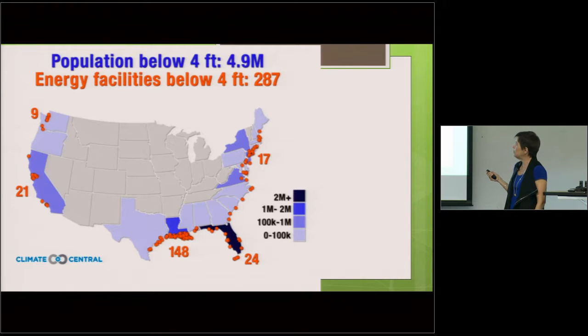So that many people will be without homes if sea level rises 4 feet. Almost 300 energy facilities are also lower than that because they use cooling water from the ocean. So these things are a concern. Again, population migration. Where are we going to get energy if our energy plants are inundated?